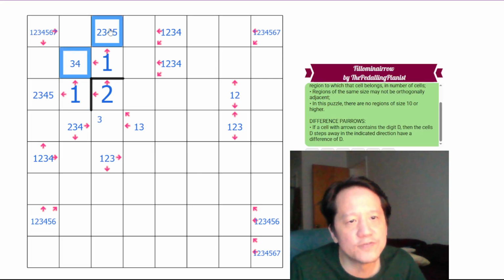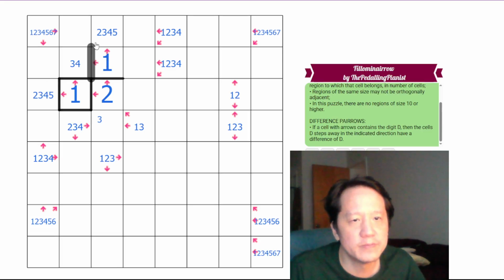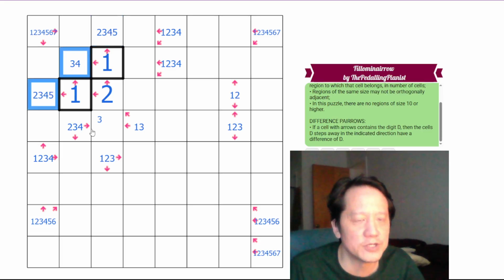Oh, these are different regions necessarily. Okay, so this is a boundary, because those are 1. These are different regions. So this is going to be 3 or 4 at most. So we know this is either 2, 3, and 4, or 3, 4, and 5.